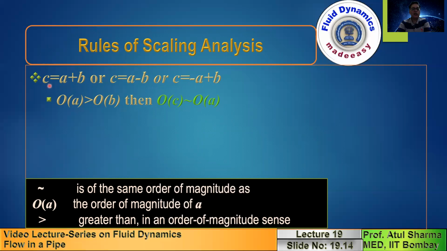The order of C is equal to the order of A, which is equal to the order of B. If the order of A is larger than B, then the order of C is of the order of A. If the order of A and the order of B are the same, then the order of C will be the same as the order of A and B. Suppose this is 150 and this is 120, then if you sum it up, this will also be of the order of hundreds.